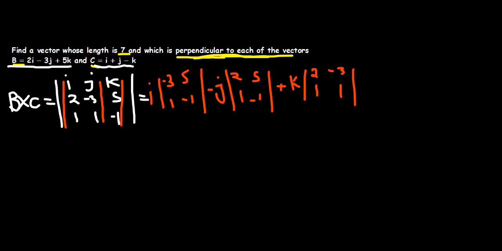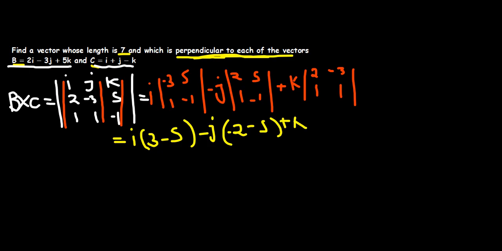So this is equal to i, here minus 3 multiplied by minus 3 gives me a positive 3, and then minus 1 multiplied by 5 is minus 5. Minus j, then here 2 multiplied by minus 1 will just be minus 2, then minus 5, then plus k. Here you have 2 multiplied by 1, which will just be 2, and then minus, here you have 1 minus 3.